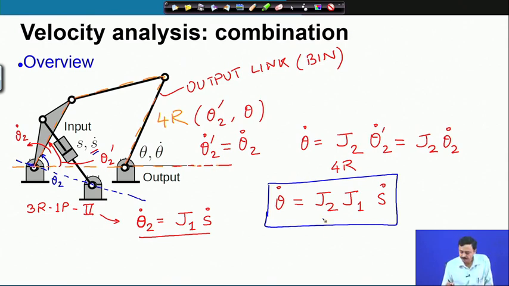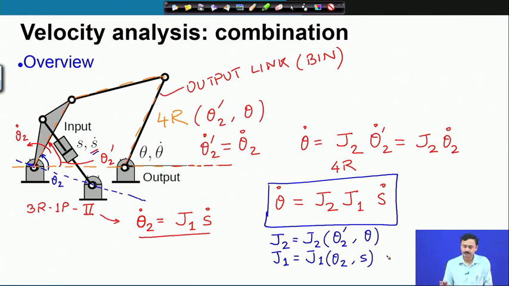Only thing to remember here is that this J 2 is a function of theta 2 prime and theta, and J 1 will be a function of theta 2 and S. So, this is the additional thing that has to be remembered. You have to derive this, which we have derived.